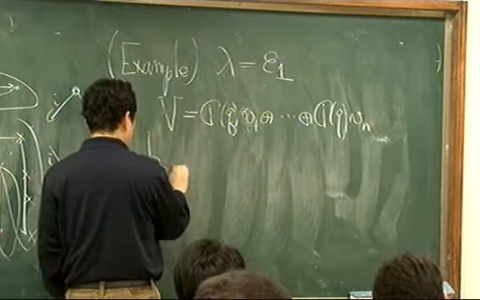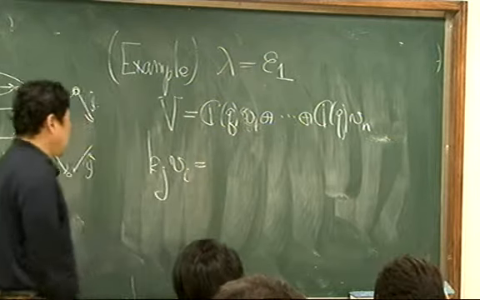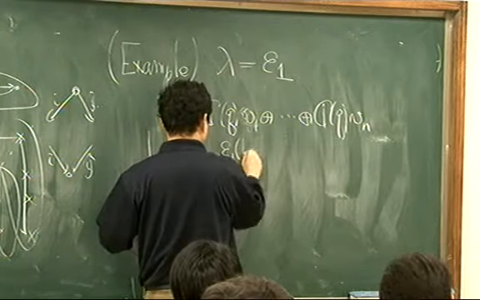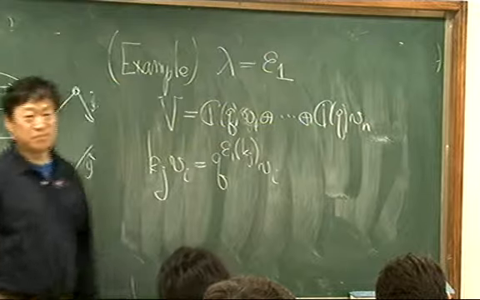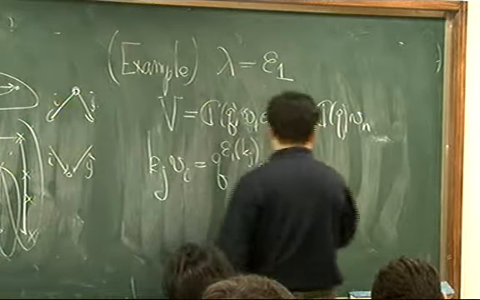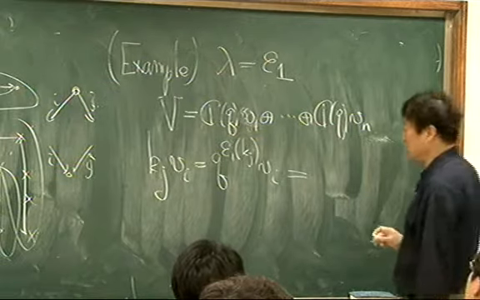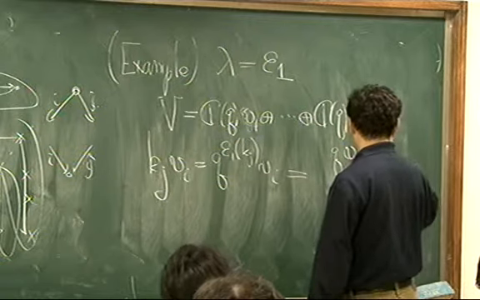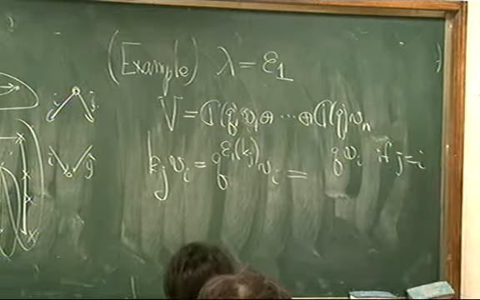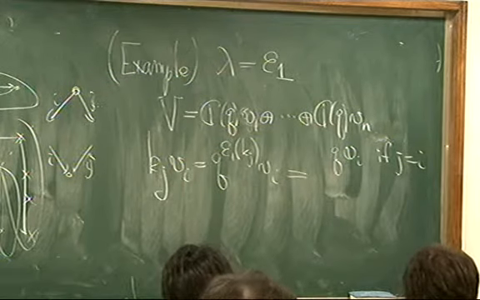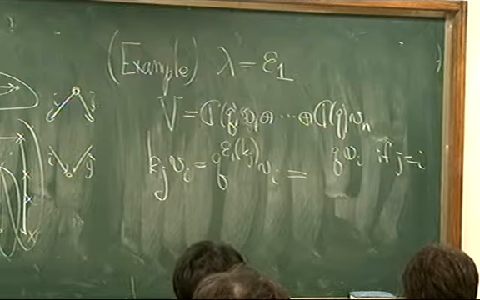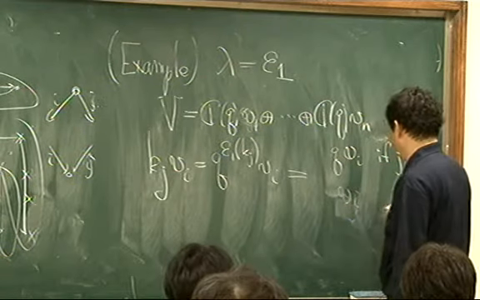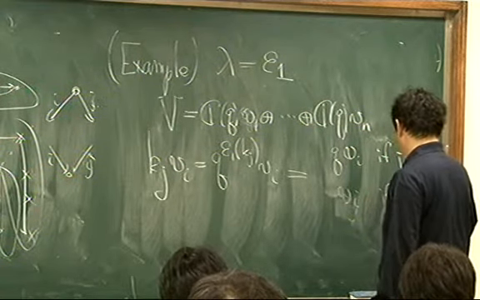Then let K_j act on V_i to be q to the epsilon_1 K_j V_i. So what it means is actually K_j V_i is always q times V_i if j is i, and V_i otherwise. What is this?